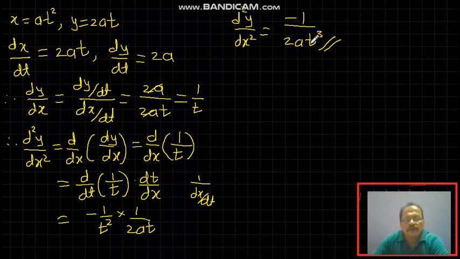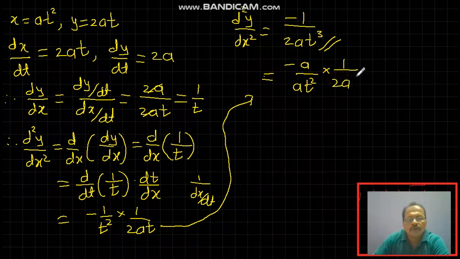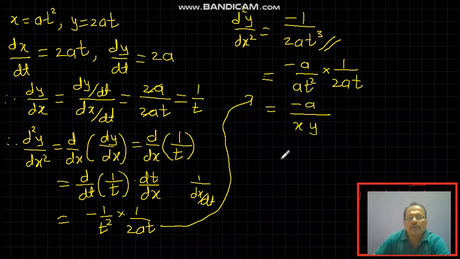So for this particular case, I can write from here minus a upon at square into 1 upon 2at, that is minus a upon, and this at square is x and 2at is y. So I can write here x into y.